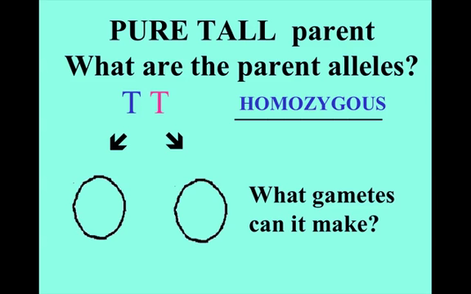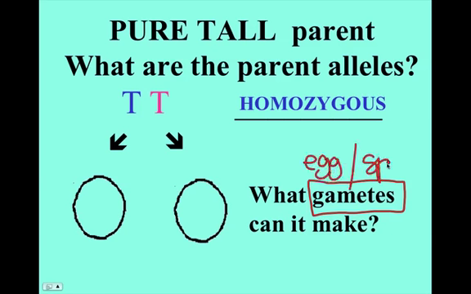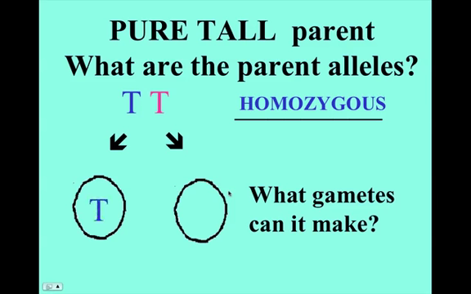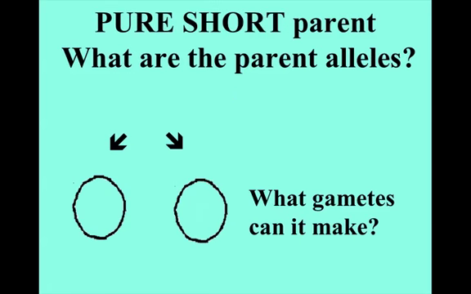And this is homozygous. The gametes, and what the gametes are, egg and sperm. So what is going to be in each of these right here that came from the parent? Capital T and capital T. For a pure short parent, what are the parent alleles? We said that lowercase t or little t stands for short.